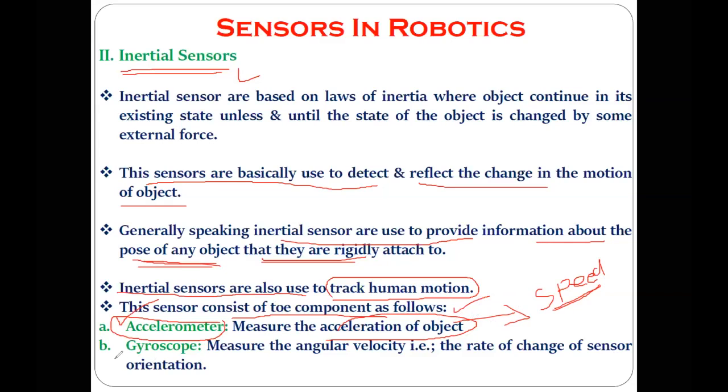Okay, and another important component is the gyroscope, which measures the angular velocity or the rate of change of sensor orientation. Suppose you are at this location and you have to go to this location. I hope you can observe this. You are at this location and you have to go to this location, and your GPS has shown you the direction like this.